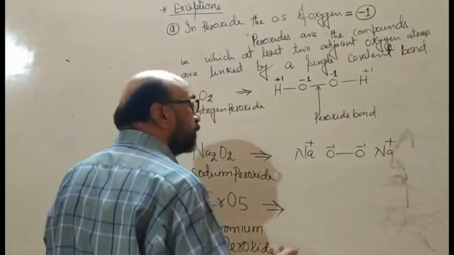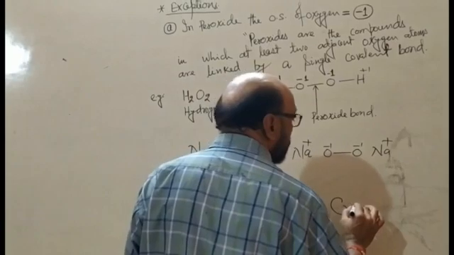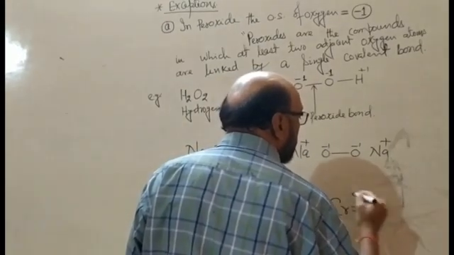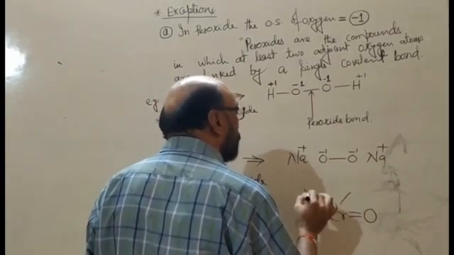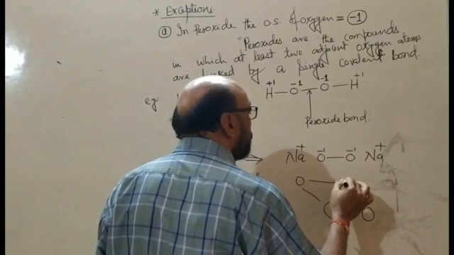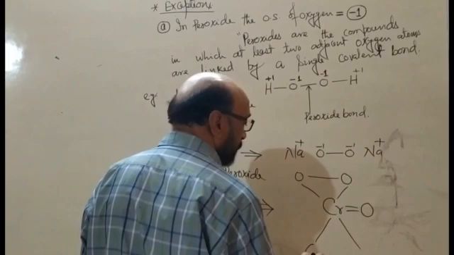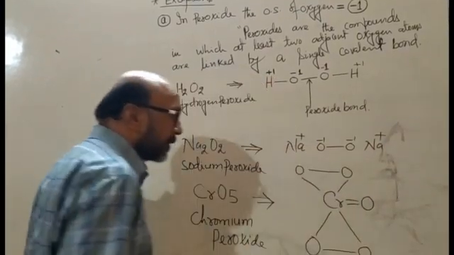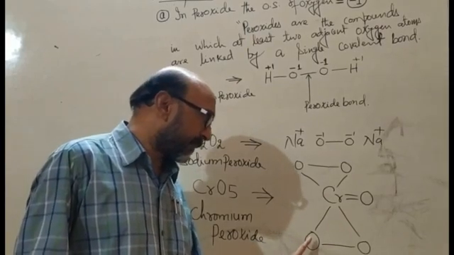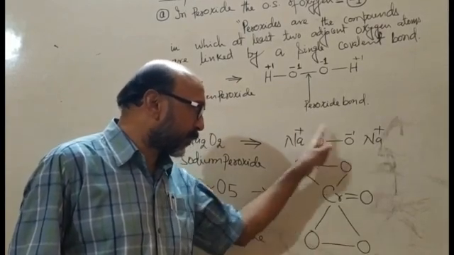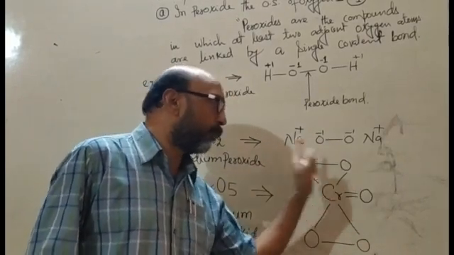If you write its structure, chromium here forms 4 bonds with a pair of peroxide bonds. Here 5 oxygen atoms are there. Look into the structure of the chromium peroxide: 1, 2, 3, 4.